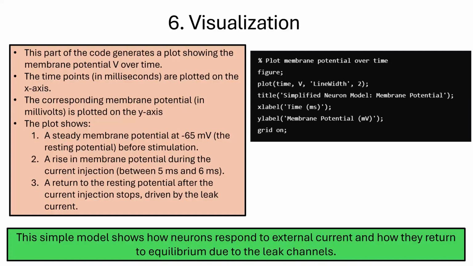Then we have a rise in membrane potential during the current injection, and then we have the return to the resting potential. We are going to model it and fine-tune the parameters in order to see how each parameter affects the output of the simulation.